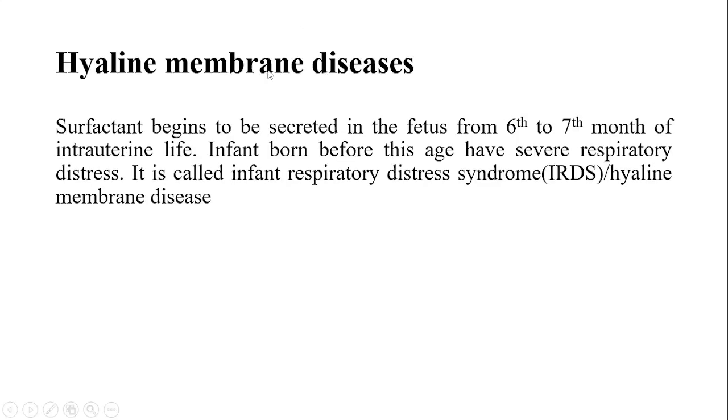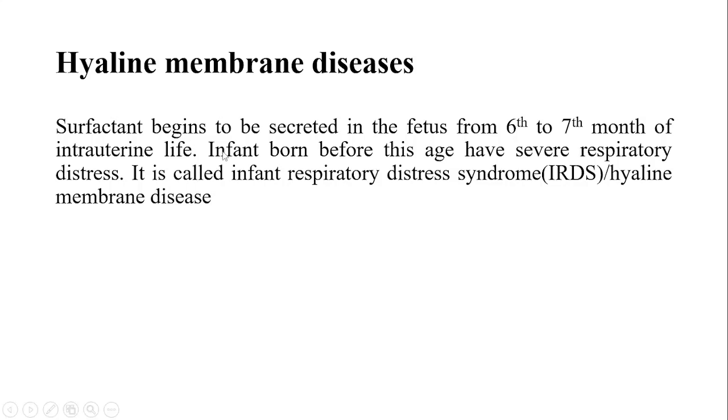Now, if at any instance the surfactant is not secreted properly or cannot function properly, what will happen? The clinical condition that happens in the absence of surfactant is called hyaline membrane disease. Surfactant actually begins to be secreted during the 6th to 7th month of intrauterine life from the type 2 alveolar epithelial cells.